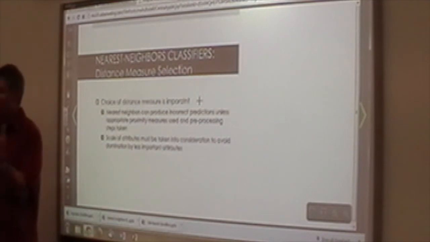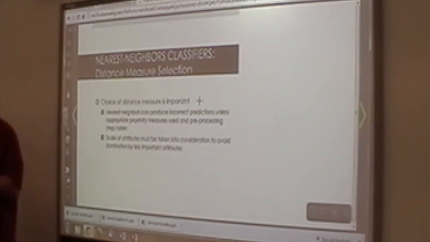So you have to look carefully at what distance measure you're using for the particular problem, and see if it's weighting appropriate attributes correctly. So these are issues to consider.